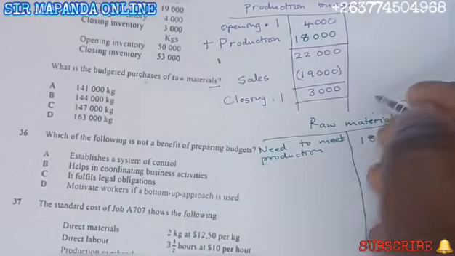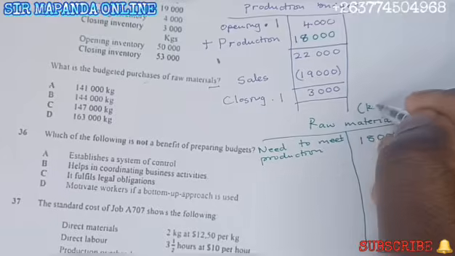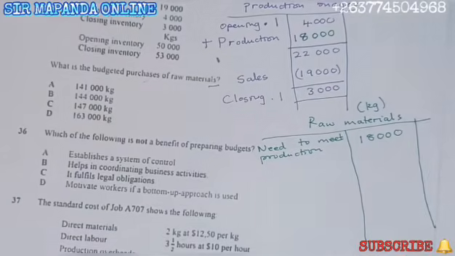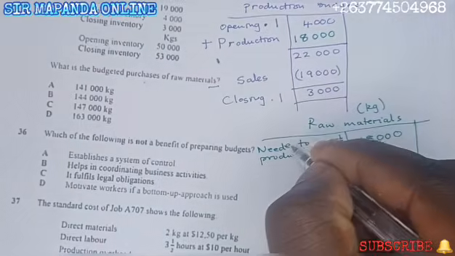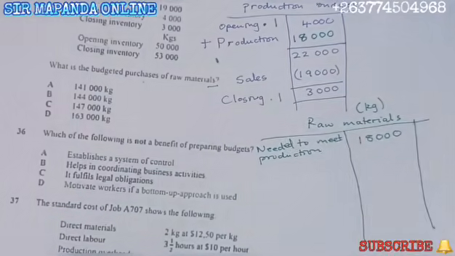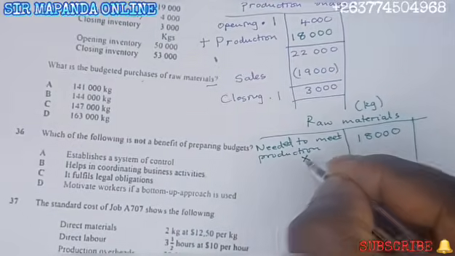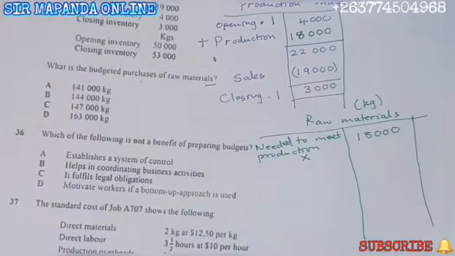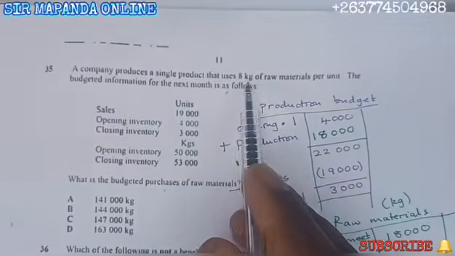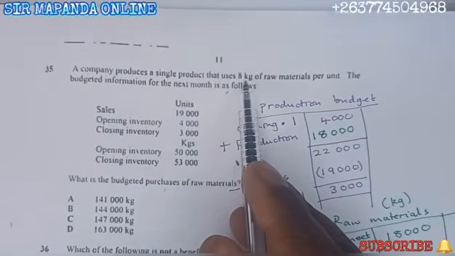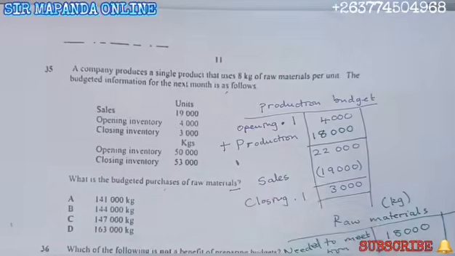Since the raw materials purchases budget is calculated in kgs, not units, we convert the units needed to meet production by multiplying with the consumption per unit. The consumption per unit is given in the first sentence, 8 kgs of raw materials per unit.